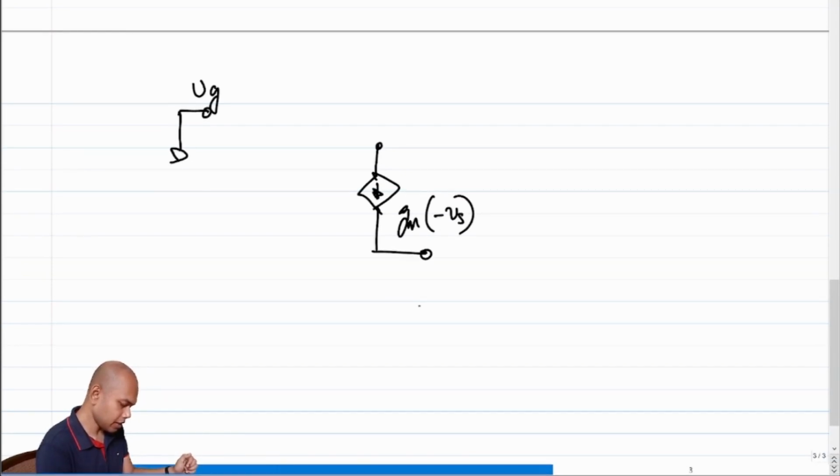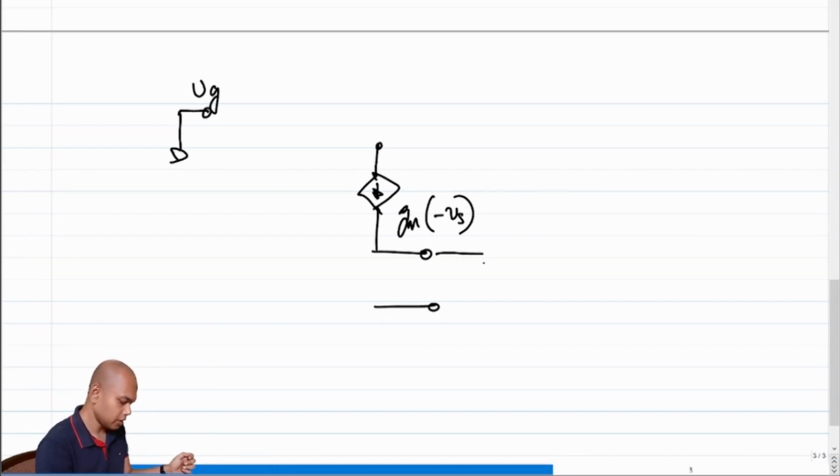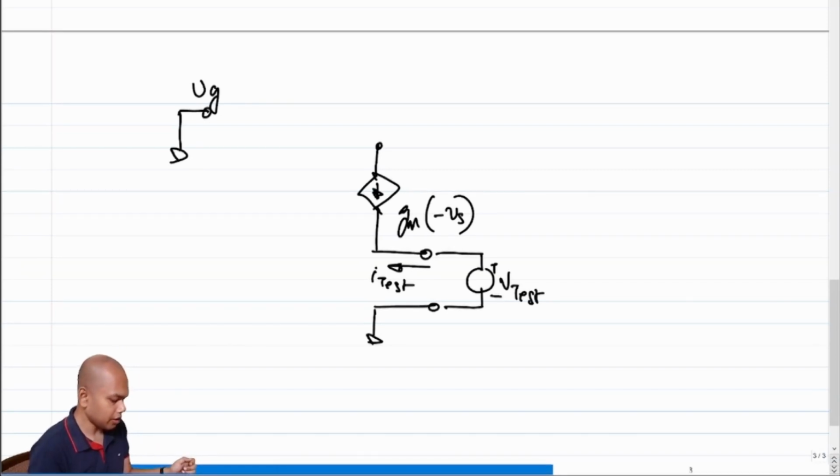And I have the capacitor here. So I am trying to find the impedance looking into the network from the two ends of the capacitor. So I don't need the capacitor, I can put a test voltage, V test, and I want to figure out what the I test is, right? Okay, what is connected at the other end of the drain?